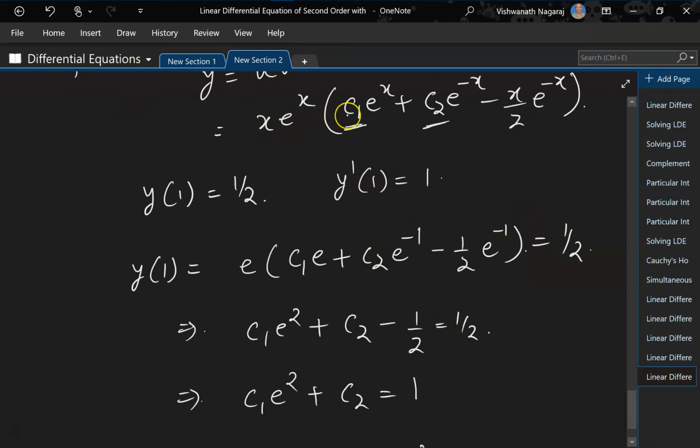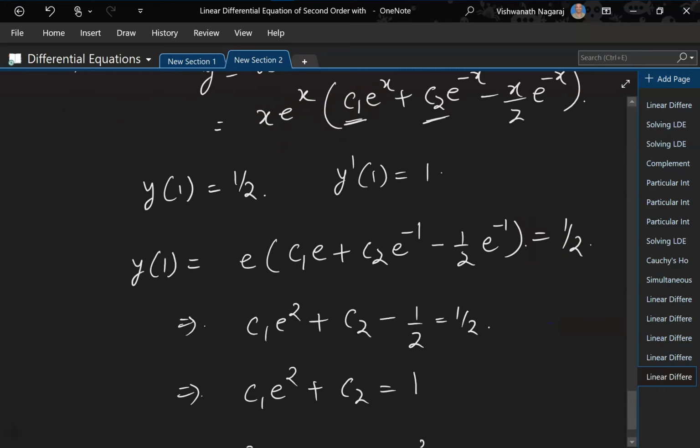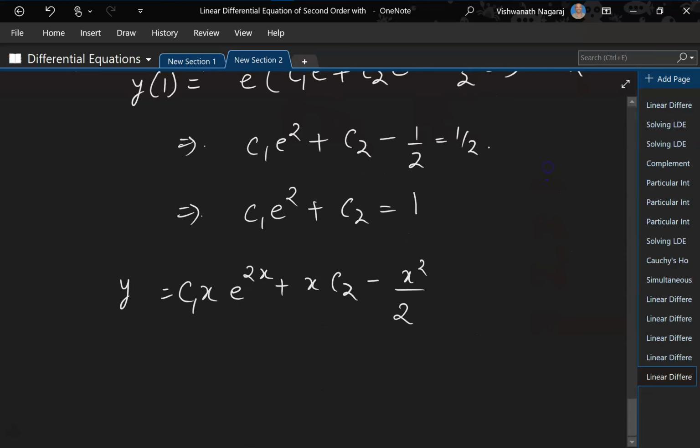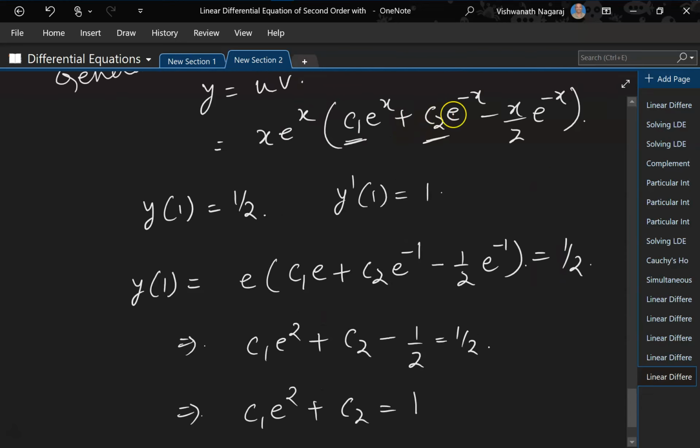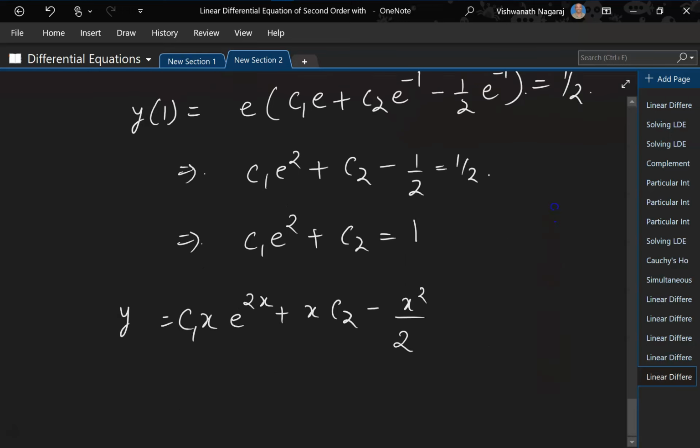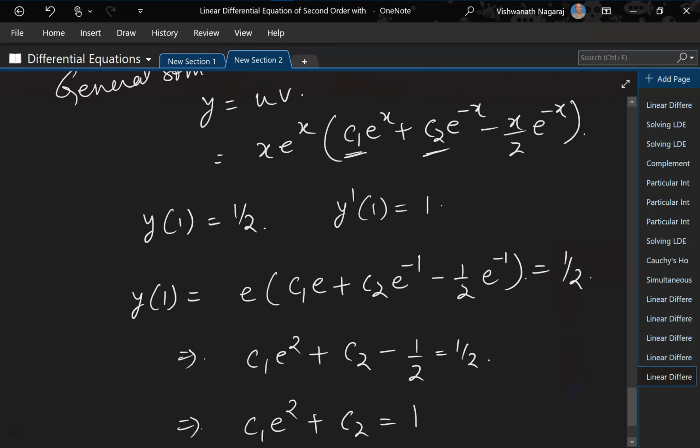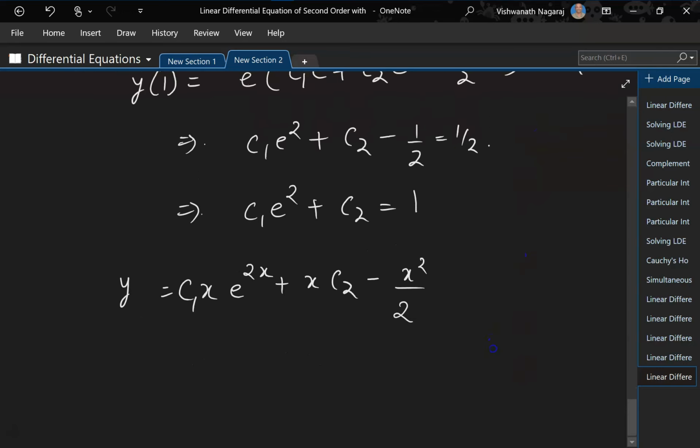If we multiply this, we get c1 x e to the power of 2x plus c2 x e to the power of minus x times e to the power of x, where e to the power of x and e to the power of minus x cancel out, so you'll be left with c2 x minus, here again e to the power of x and e to the power of minus x cancel out, or rather become 1, and we'll be left with minus x² by 2.